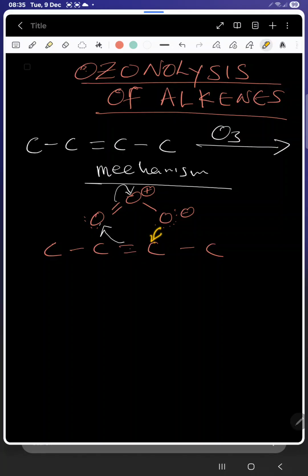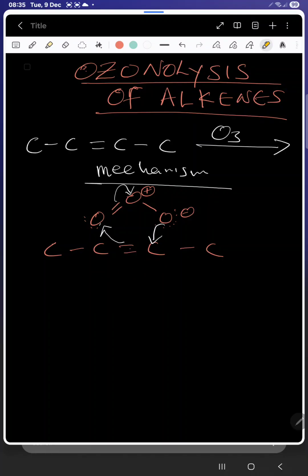Therefore we are going to have that rearrangement, with this attacking back the oxygen. This process can continue in a circular motion, so we have a cyclic attack amongst those atoms for both the alkene and the ozone.